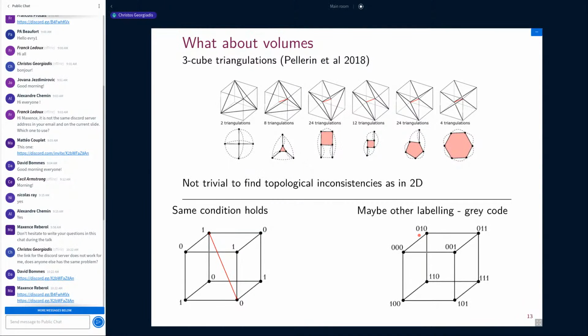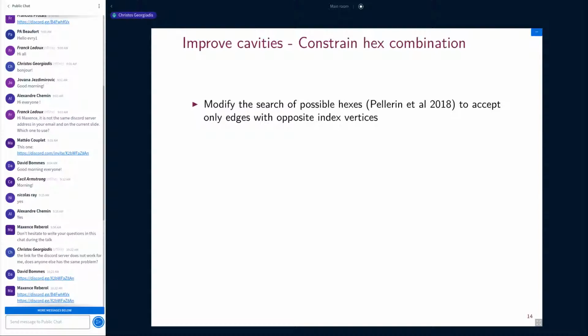So the whole idea is that if we were able to have some kind of indexing that carries more information than just the bipartite condition. But still, we could experiment a bit and see if we can at least improve the remaining cavities of non-combinable TETs on the final hex dominant mesh.